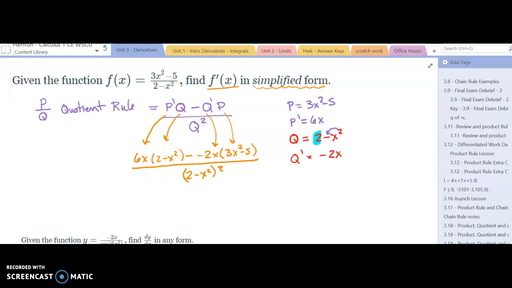So what do they mean by simplify? Well, we can leave the denominator as is, because that's already kind of in factored form. But we need to distribute.